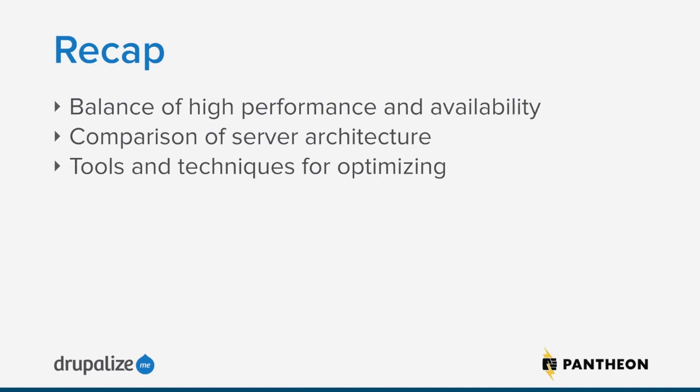And then we looked at a bunch of different tools and techniques for optimizing your site. The biggest hang up with distributed server architecture is that you do start to introduce some latency when you're starting to spread your processes out. And so we looked at optimizing it. We looked at things like Varnish, caching, Redis caching for your database, optimizing your slow queries, looking for inefficient code with tools like New Relic, and you can use Devel.